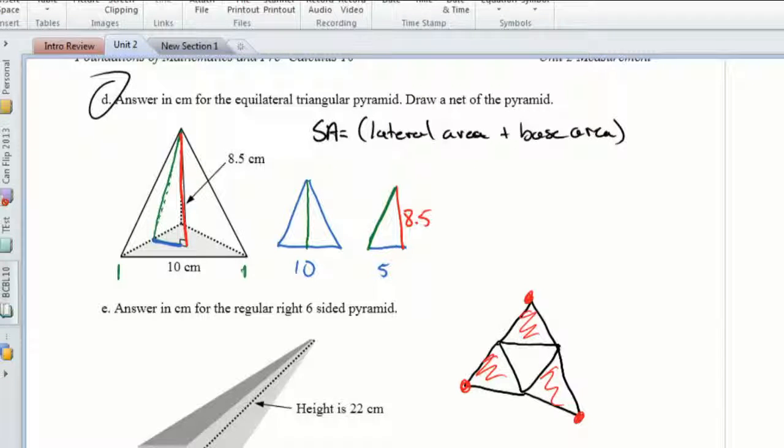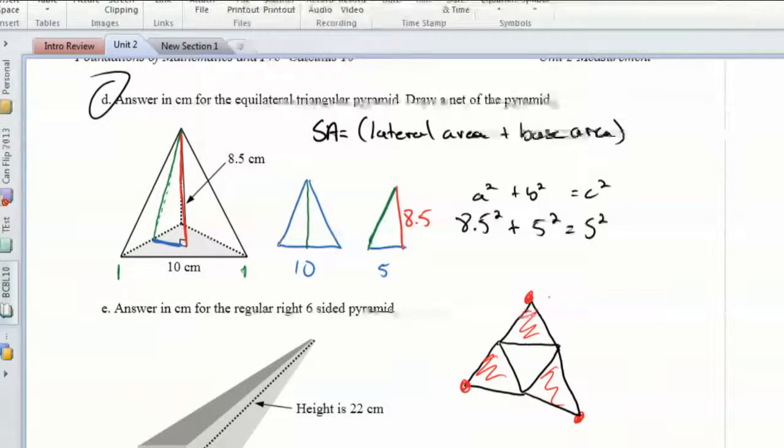The green line is the hypotenuse, so I'm just going to leave it as the C in my Pythagorean theorem. So I'm going to have 8.5 squared plus 5 squared is, I'll call it S for slant height squared.